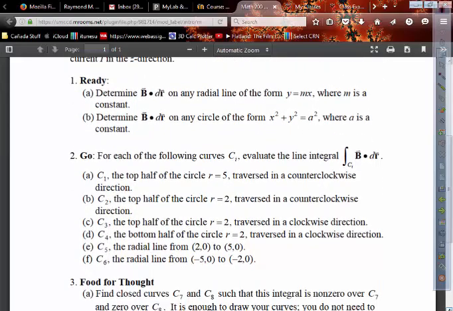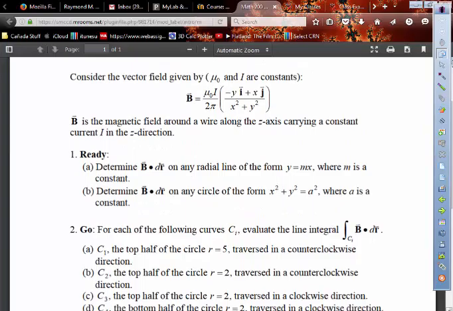The first part prepares you with what would go in your integrand when you're doing this line integral. So this is actually a few line integral problems. The first one is asking you to figure out what the vector field is dotted with some curve. You need to parameterize two curves here.